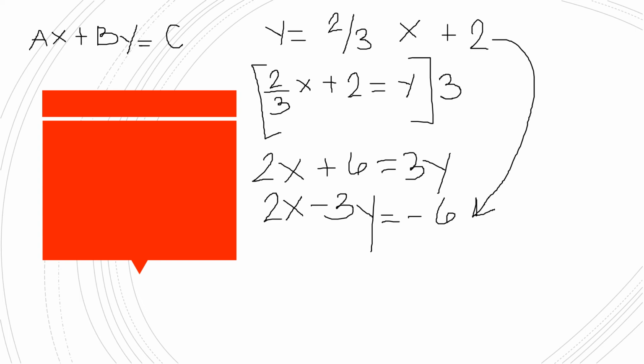So, question. Okay, we have another example. Y is equal to negative x plus 3/4. Okay? So, we will change this from slope-intercept form to standard form, ax plus by equals c.